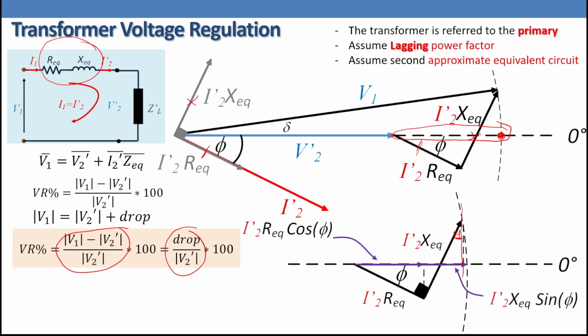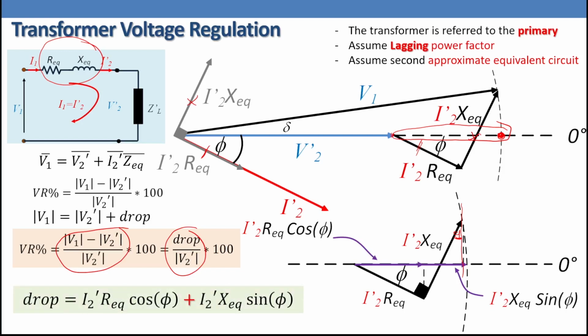So I2 dash R equivalent cosine phi, that one is the first vector, and the second one will be I2 dash X equivalent sine phi. So the drop is I2 dash R equivalent cosine phi plus I2 dash X equivalent sine phi. Now we succeeded to calculate the drop. The drop over V2 dash multiplied by 100 gives us the voltage regulation. So now we succeeded to calculate the voltage regulation for the transformer when the circuit is referred to the primary side with lagging power factor.